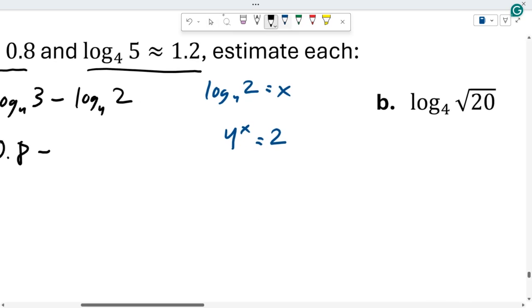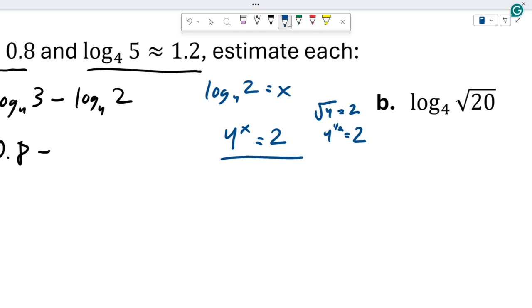Well, I think we all know that the square root of 4 is 2, and square roots can be written as fractional exponents. If I want the square root of something, I can raise it to the 1/2 power. So when I see 4 to the x equals 2, and the question is what exponent I need to apply to 4 to get 2, if we raise 4 to the 1/2 power, that's equivalent to the square root of 4, which results in a 2.